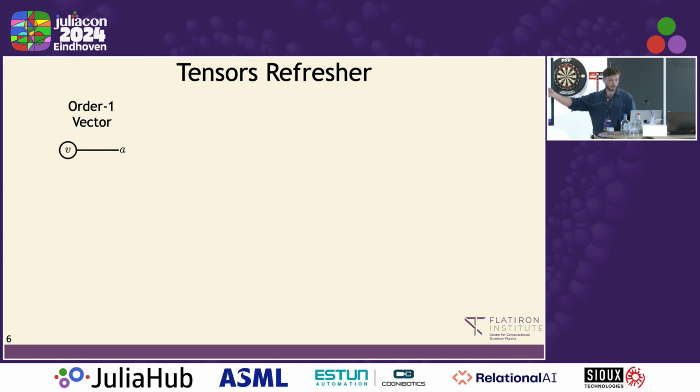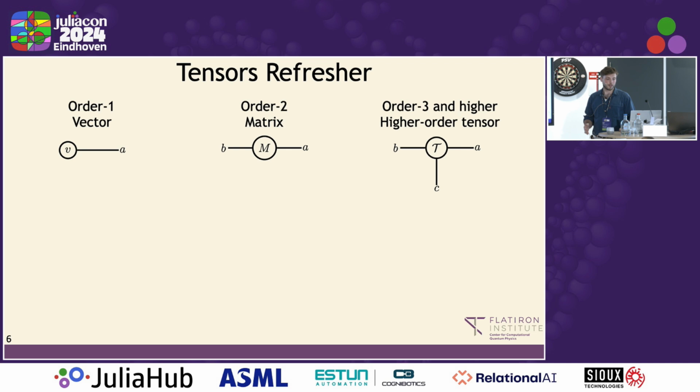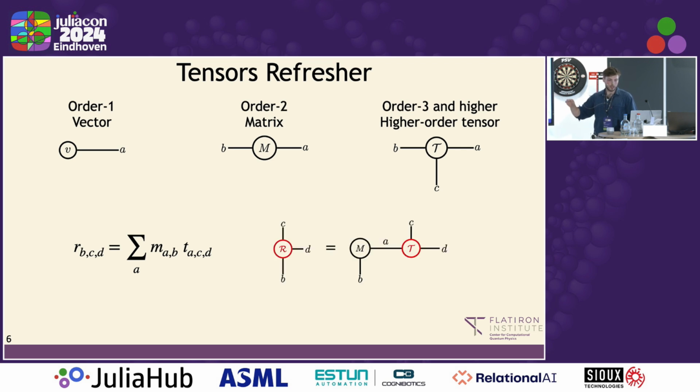Here we have one leg, so it's an order 1 tensor. Two legs is an order 2 tensor, which makes a matrix, and three legs and higher makes any higher order tensor. And this graph representation is really nice because we can represent a sum, which looks a little messy when you're just staring at it, as a graph.